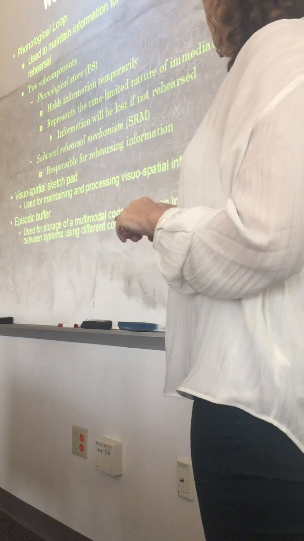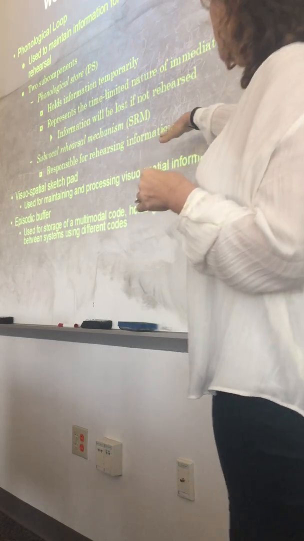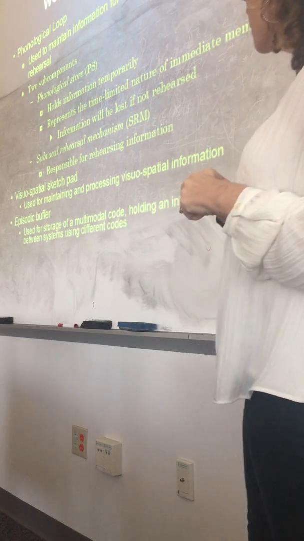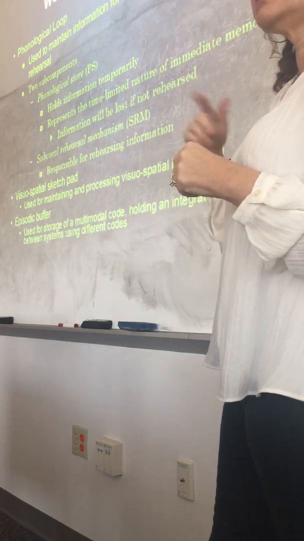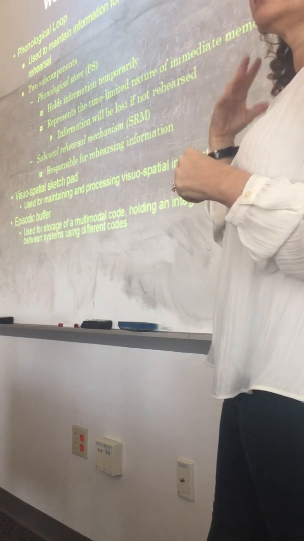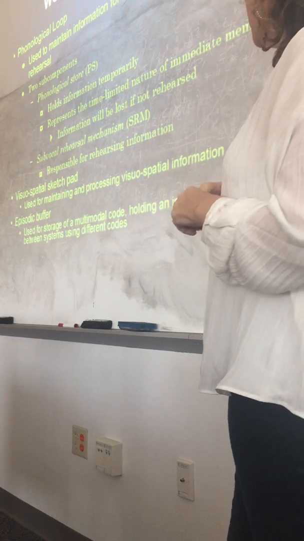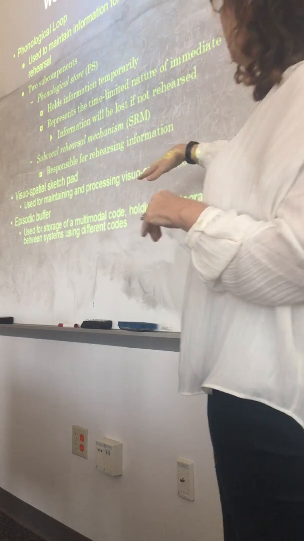It's an acoustic rehearsal. It has a phonological store, which holds the information temporarily, and then it also has a subvocal rehearsal system. So when you're repeating things over to yourself, especially things that you're hearing, plus maybe you're reading and rehearsing it over to yourself, that could also be in that phonological store.